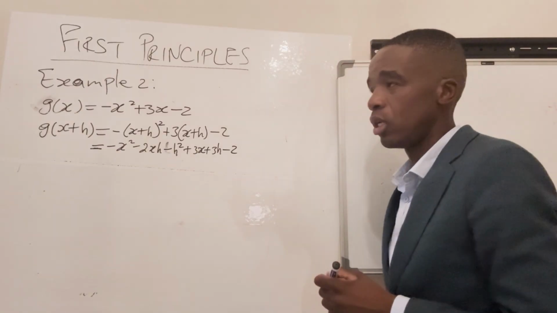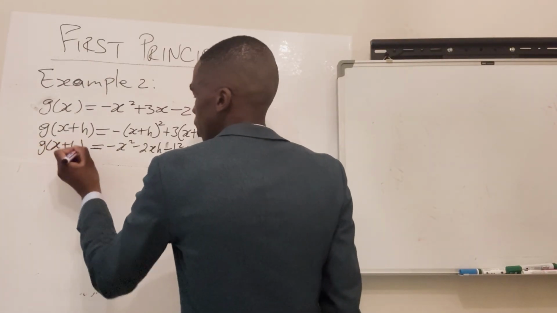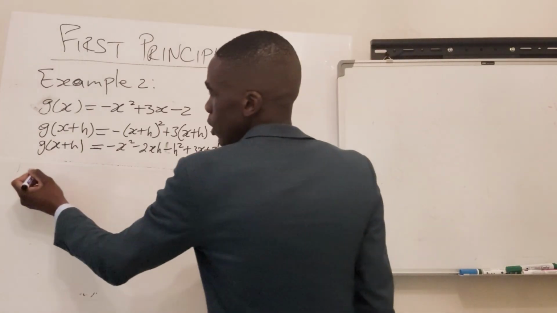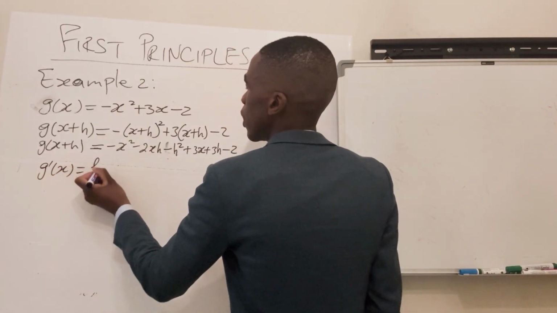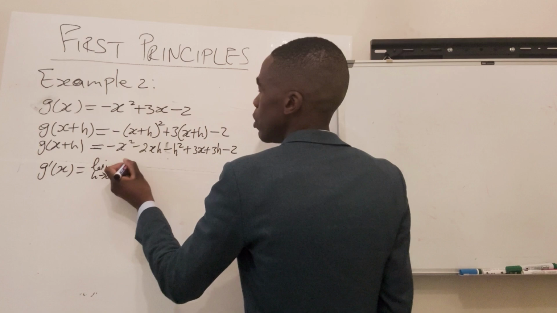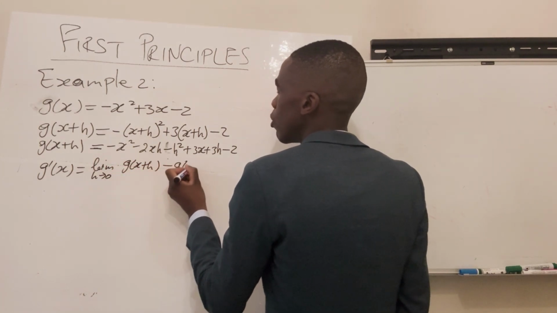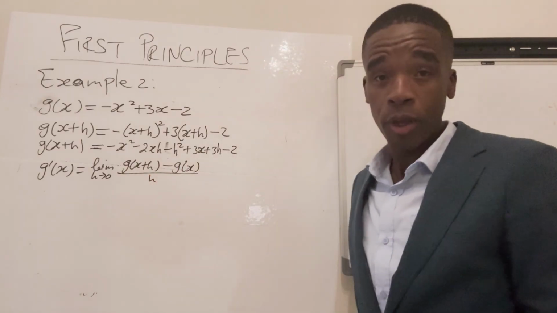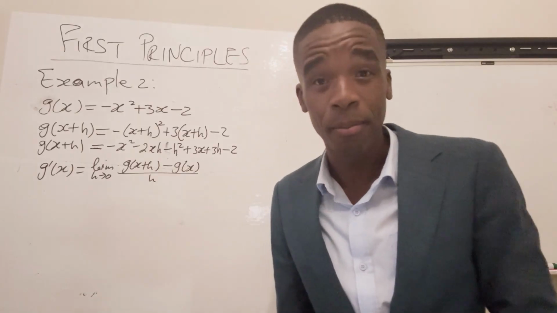That is your g of x plus h, which will therefore give g prime of x is equal to the limit as h approaches 0 of g of x plus h minus g of x all over h, which is the standard formula for dealing with this from first principles.